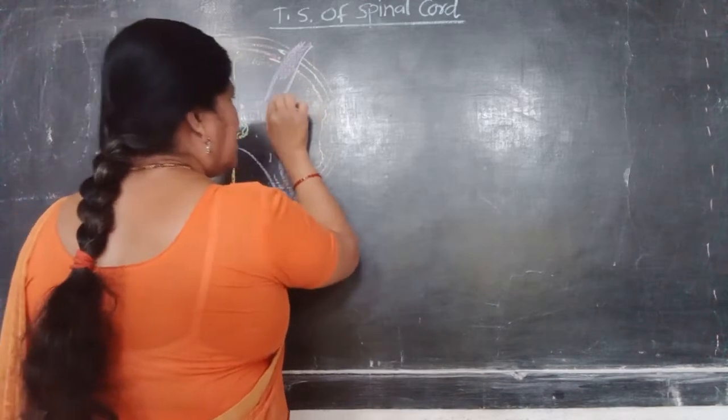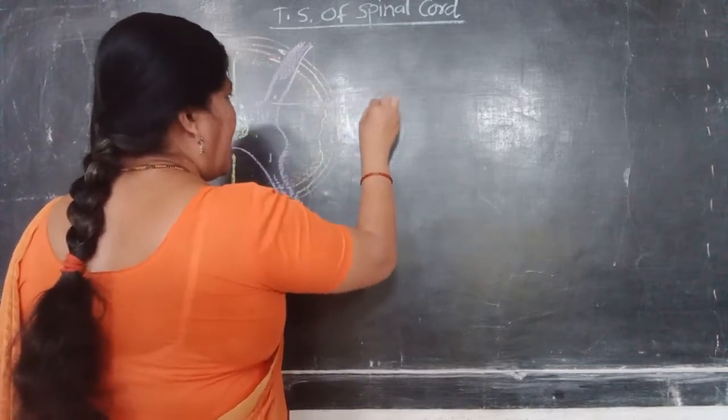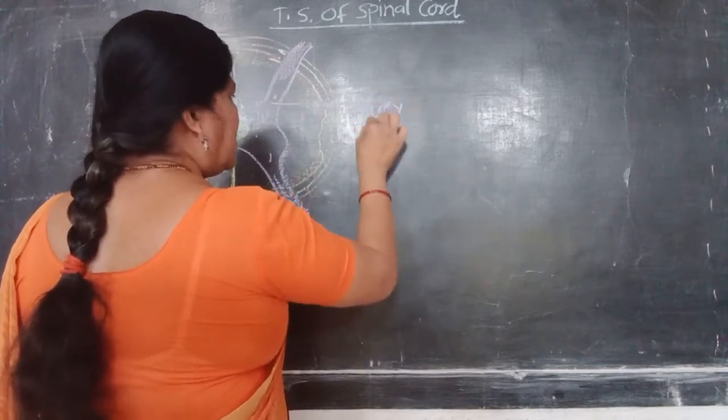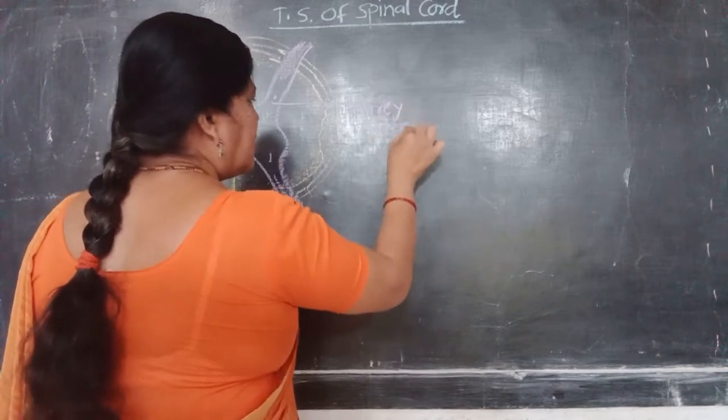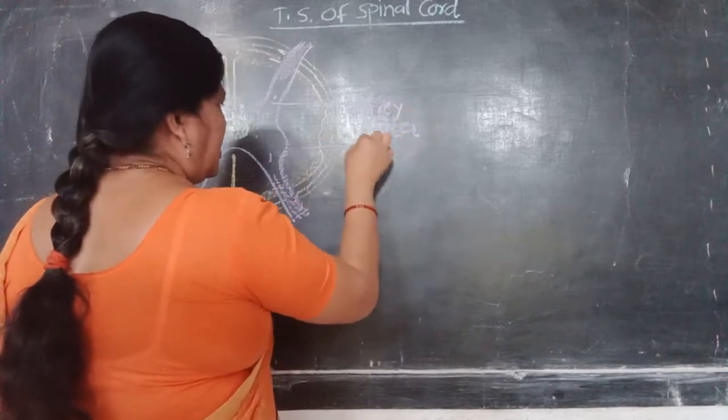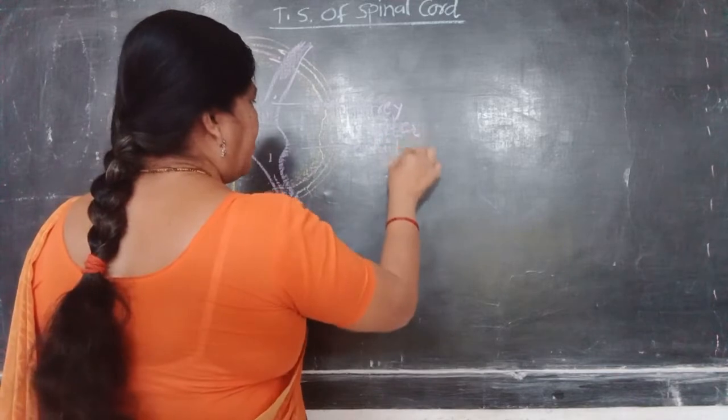This part is called gray matter. Outside the gray matter, white matter is present.